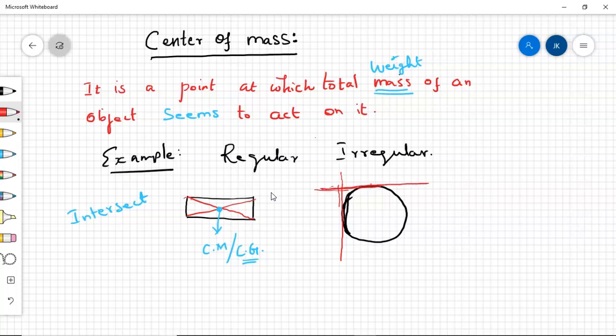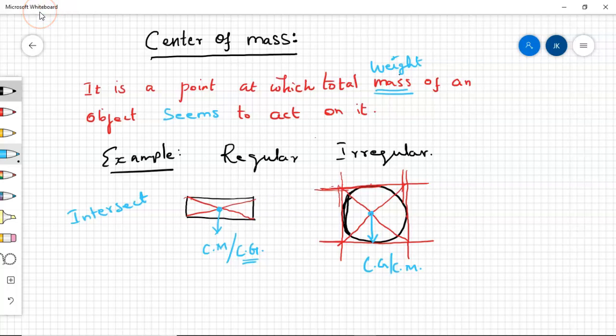It should not cut the circle, just pass through like this. If you have a ruler, you can draw nicely. Then you connect these two corners and these two corners, and you can get a more accurate center of gravity or center of mass.